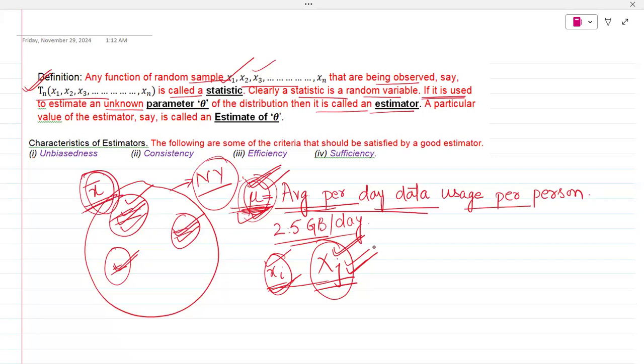So with the help of sample means, I will try to estimate the population mean. Obviously this X bar is a statistic. Now, a particular value of the estimator is called an estimate of theta.